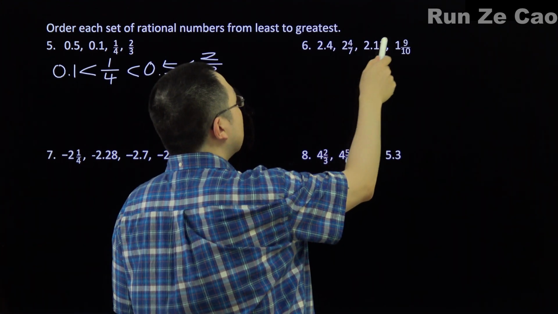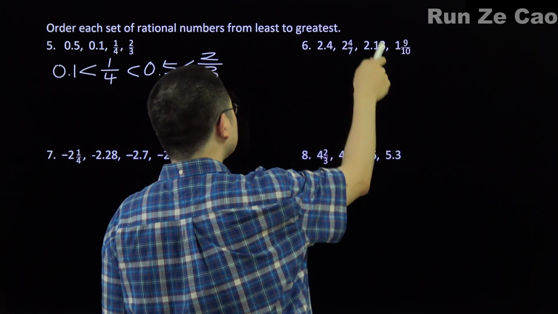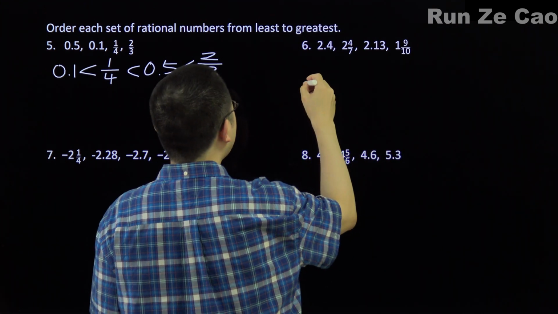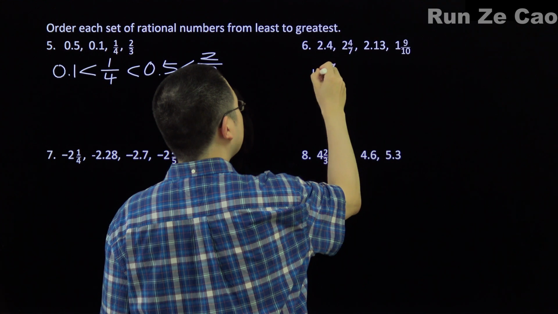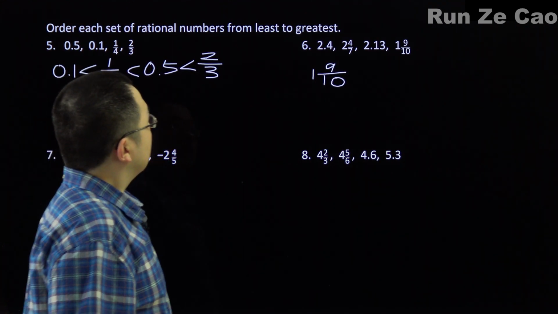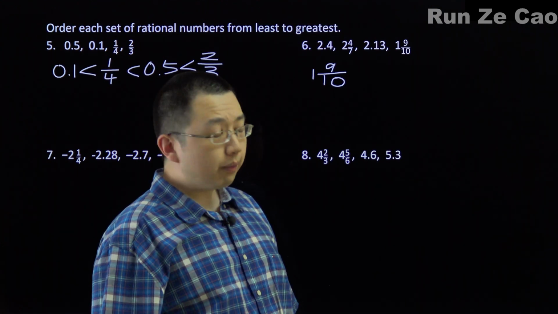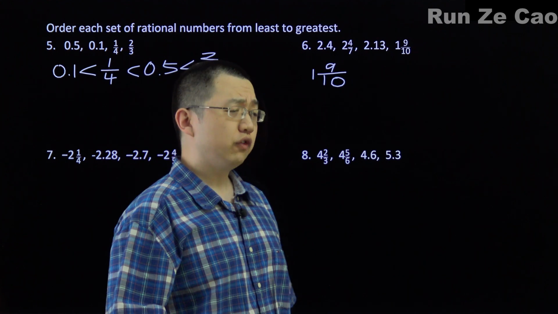Here, 1.9 versus 2 point anything is going to be smaller. So 1 and 9/10. And then 2 and 4/7. What is 2.4? 2.4 is 2 and 4/10.